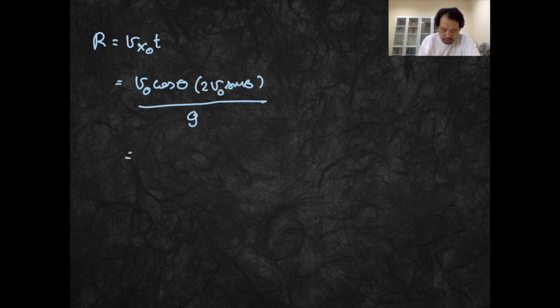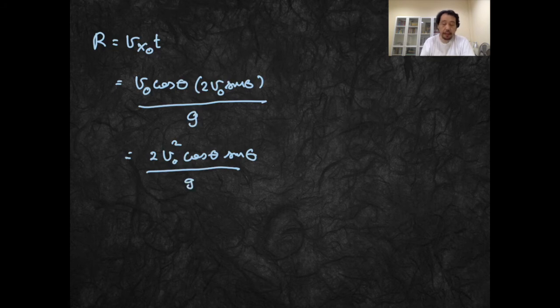So we have here 2 v0 squared cos theta sine theta over g. This is the range of the motion.